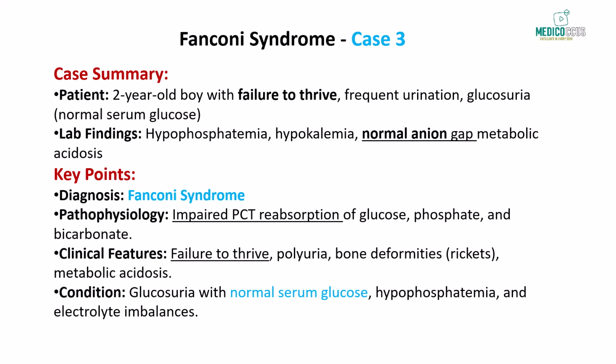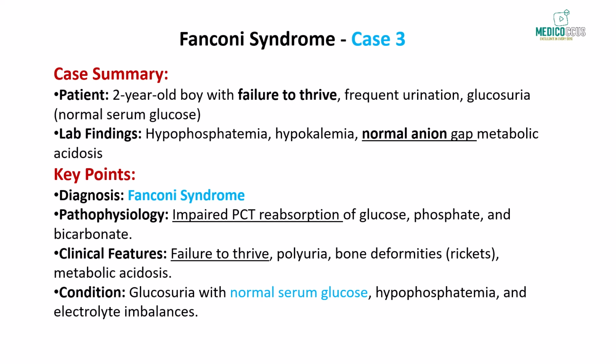The findings in this case are consistent with Fanconi syndrome, where the proximal convoluted tubule fails to reabsorb critical substances, including glucose, phosphate, and bicarbonate. The persistent acidosis results from the inability to reabsorb bicarbonate, and the hypophosphatemia causes bone deformities such as frontal bossing and rickets.